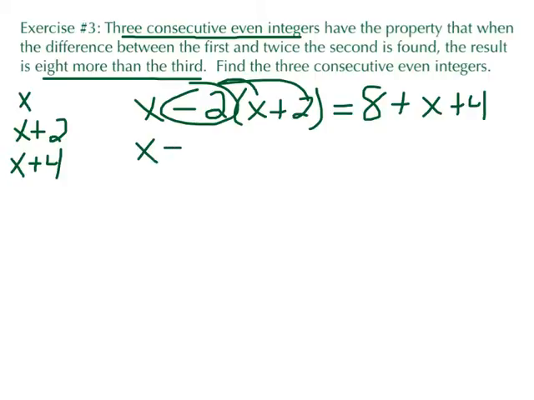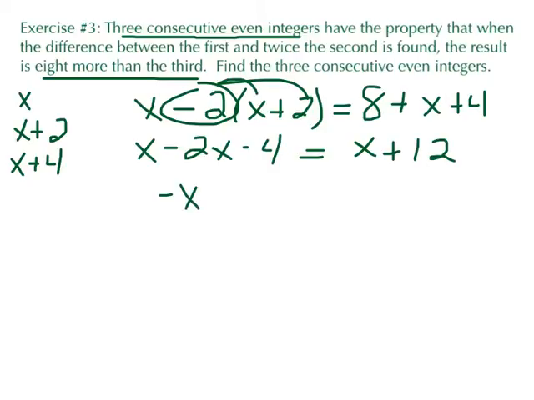So x minus 2x minus 4 equals 8 plus, let's go ahead and simplify that right away. 8 and 4 is 12, so I'm going to have x plus 12. X minus 2x is going to give me a negative x minus 4 equals x plus 12.